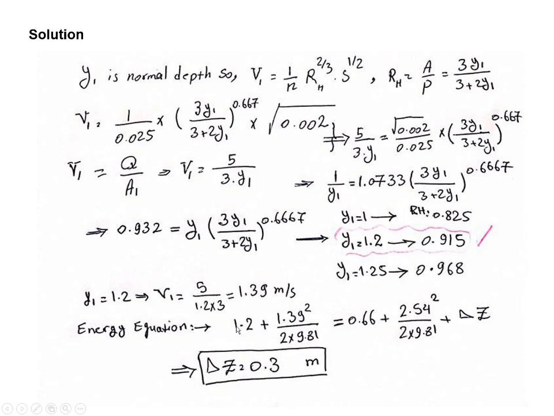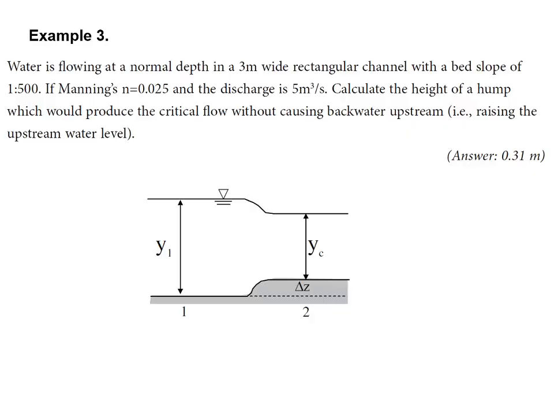As you see here, y1 plus v1 squared over 2g equals yc plus vc squared over 2g plus delta z. You can solve this for delta z, and you will see that the answer is 0.3 meter. Therefore, when delta z is 0.3, we will have critical depth above the hump.